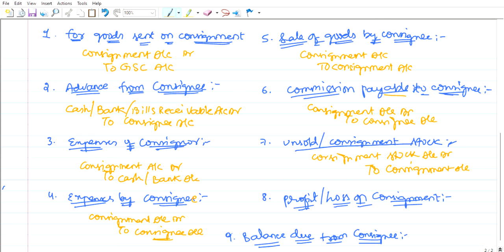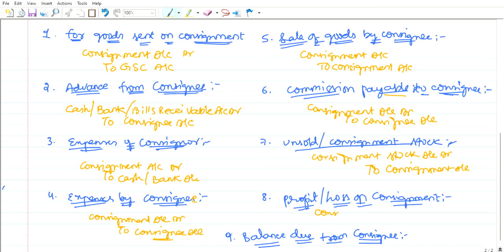So for the profit or loss on consignment, if we are going to get a profit, we have to debit the consignment account.